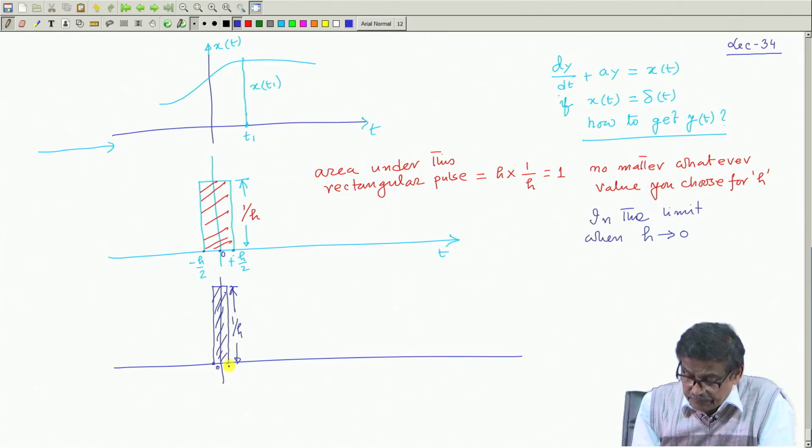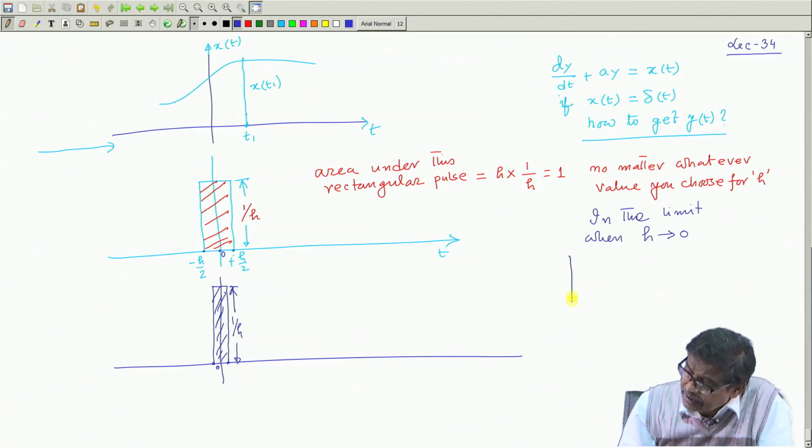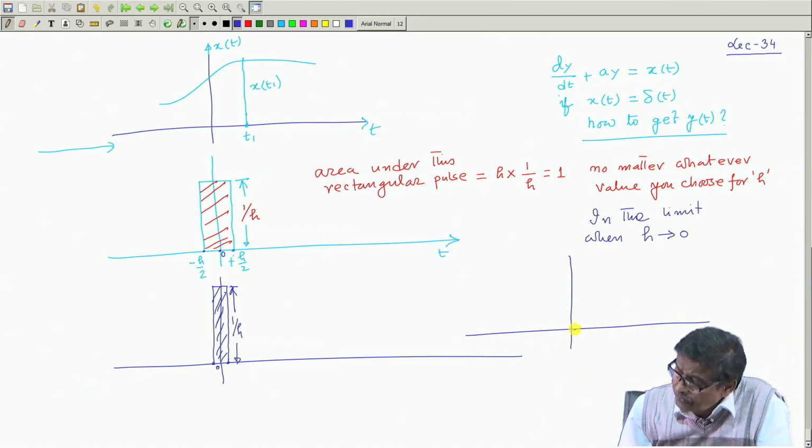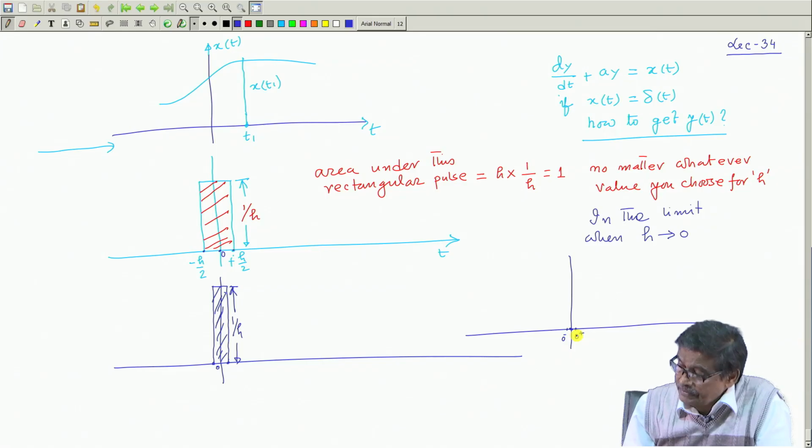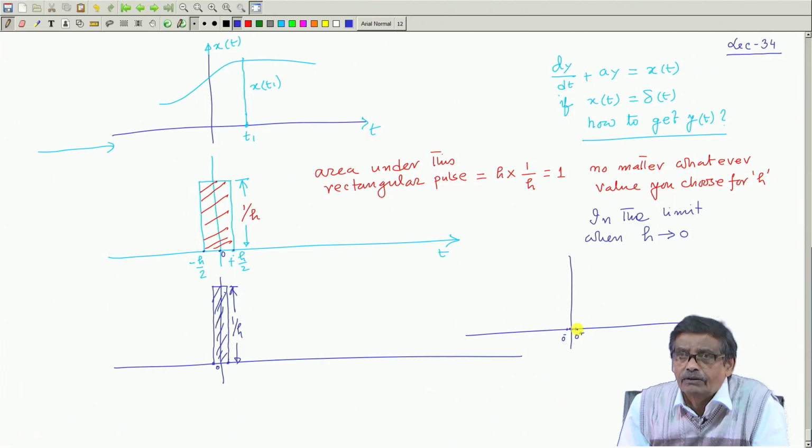At the same time, these 2 points will come very close to the origin, one at 0 minus and one at 0 plus, close to t equal to 0 but not really t equal to 0, as close as you can think of.